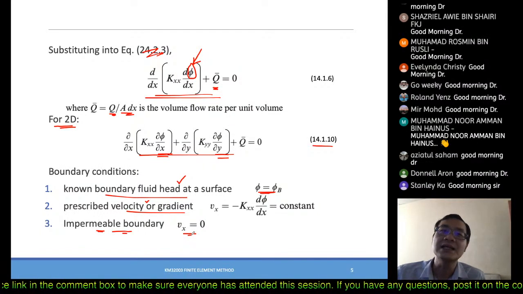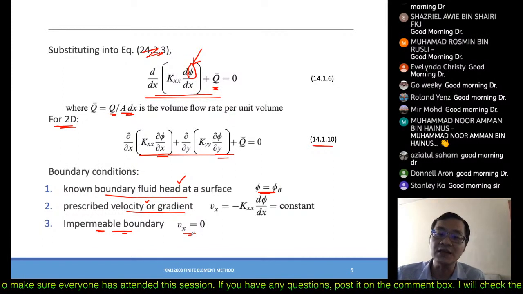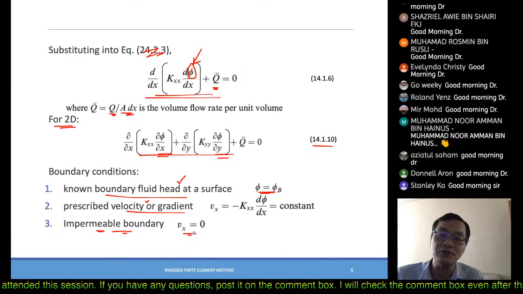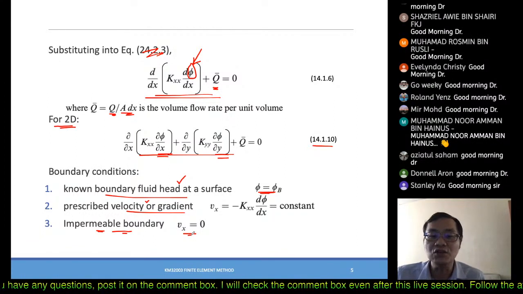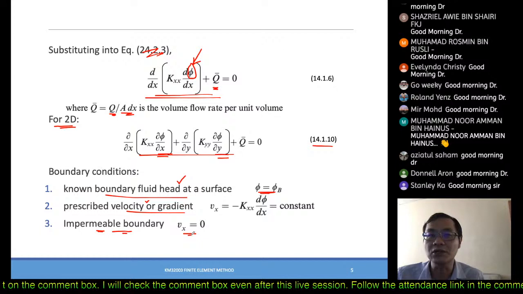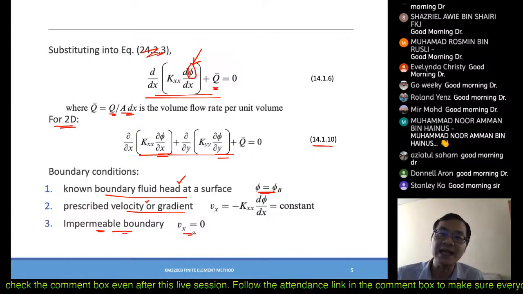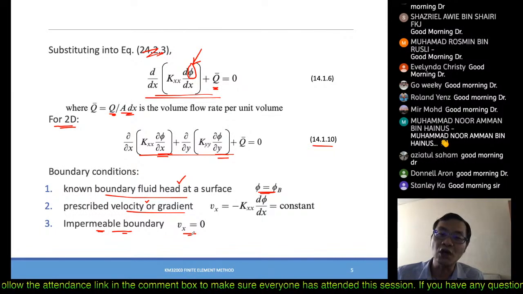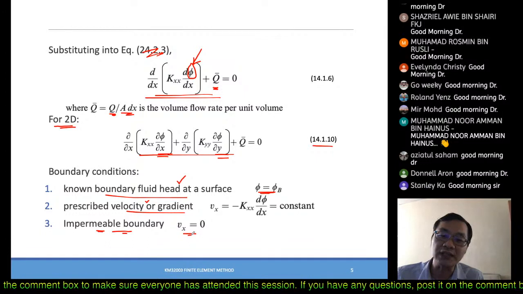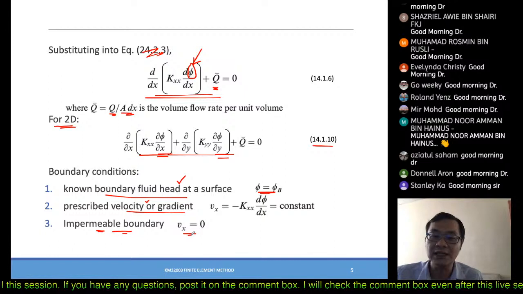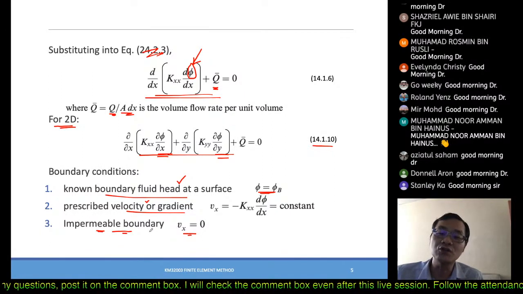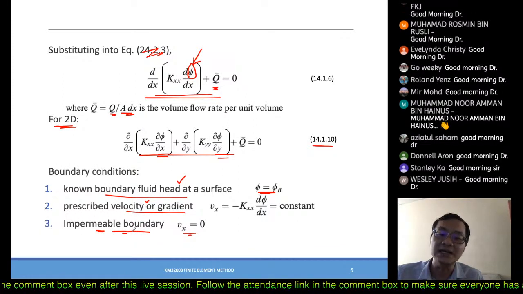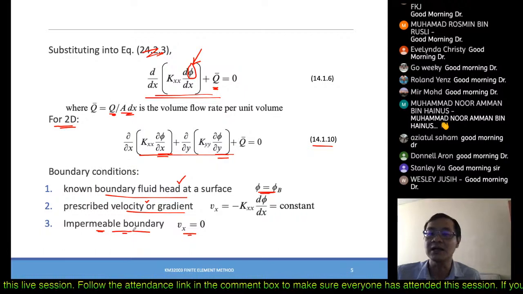In the FEA software itself, whenever you don't define any boundary condition, most of the time they will assume that boundary becomes 0, because if you do not assign any equations to that surface to take away the flow or put in a new flow in the system, therefore, if you don't do anything, indirectly you are assuming an impermeable boundary at that particular surface.